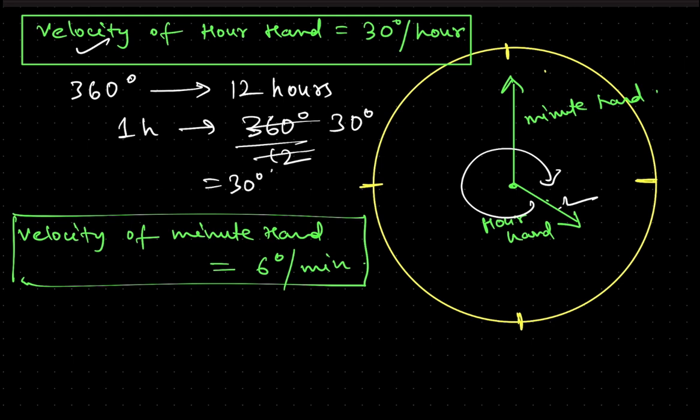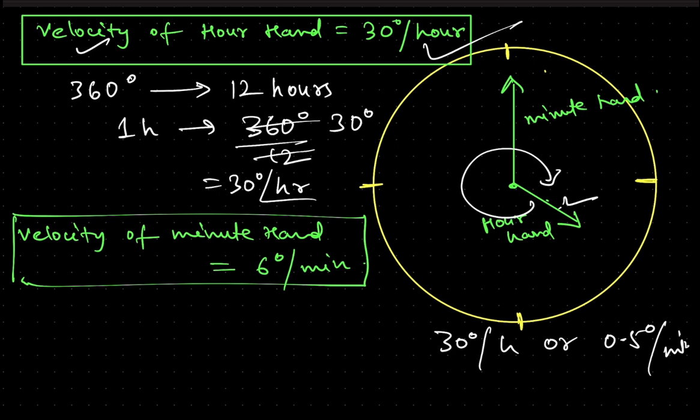So 30 degrees per hour. That is what I have written. Keep this in mind, because I will be needing this. 30 degrees per hour can also be written as 0.5 degrees per minute.